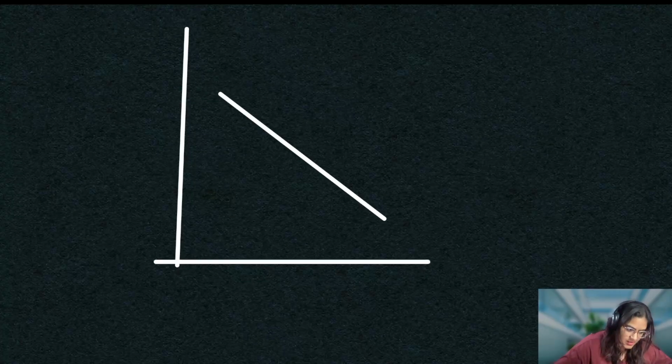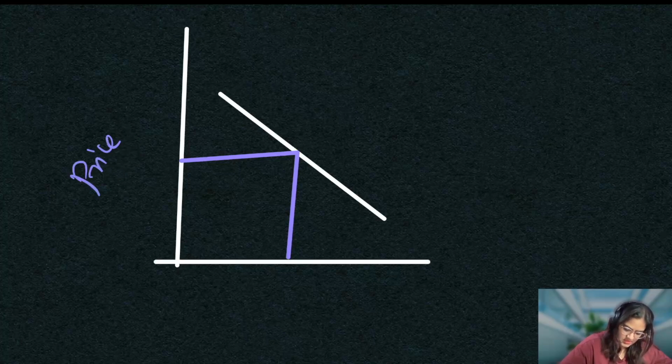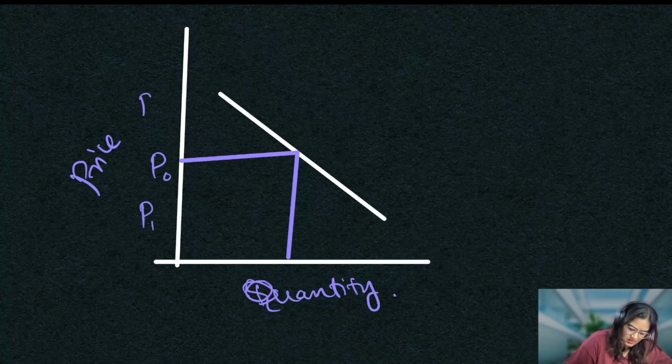So let's again see the movement direction diagram or the graph. If this is your graph and this is the demand curve, this is your initial price and initial demand. This is your price, this is your quantity demanded. Now this is P0. Now we'll have P1 and P2.